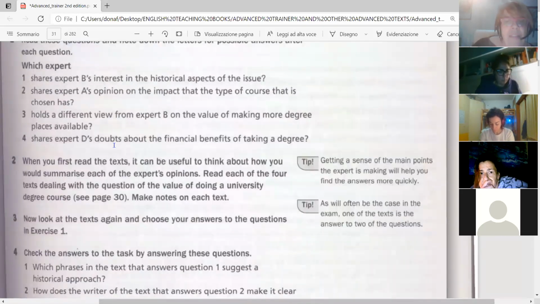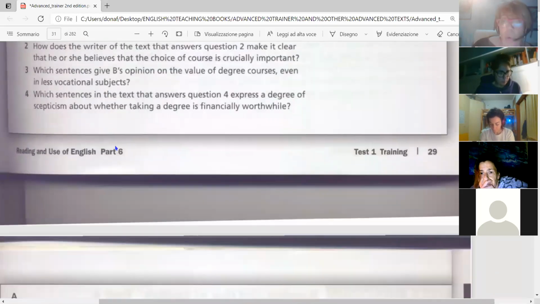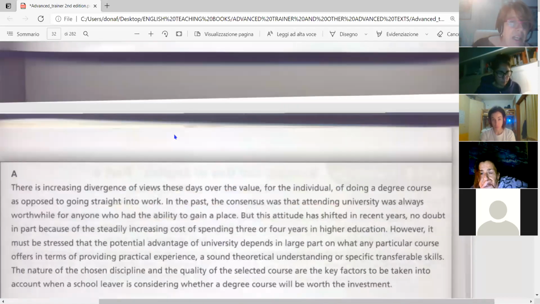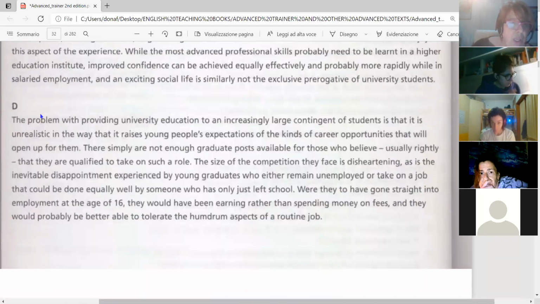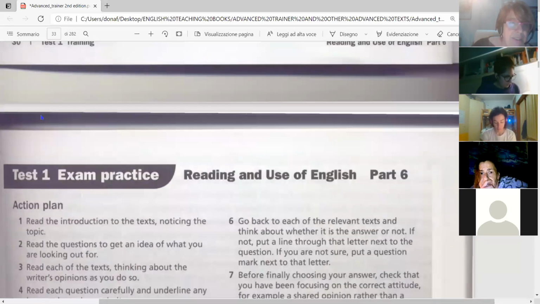It's something that is probably known from the first. You see, for example, this is 1, 2, 3, and you have 4 texts.